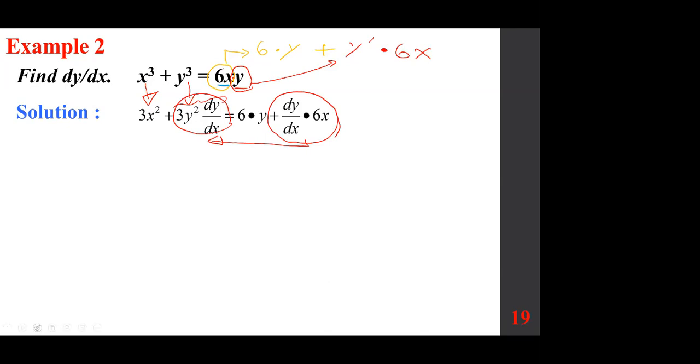And move this one. So notice what happens. This takes a negative sign on the other side.